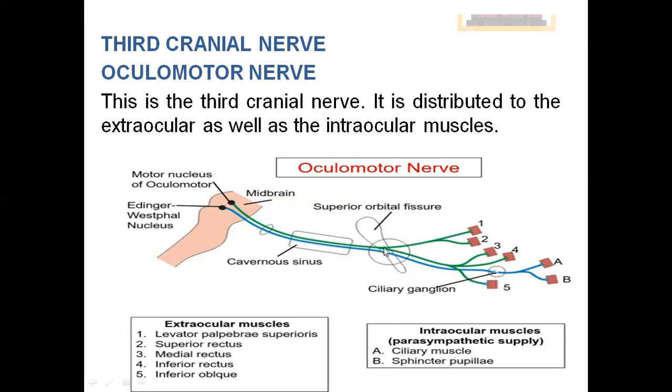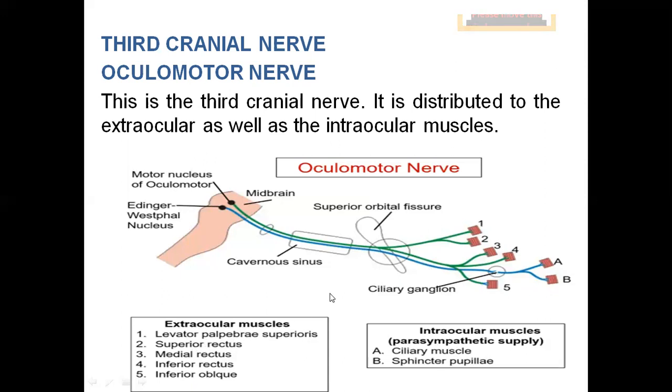This oculomotor nerve divides into superior and inferior divisions. Through the superior division, it supplies the levator palpebrae superioris and the superior rectus. Then through the inferior division, it supplies the medial rectus, inferior rectus and inferior oblique. These are all extraocular muscles.